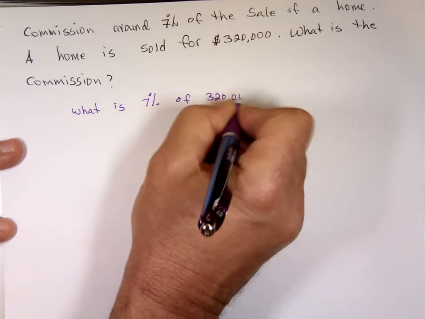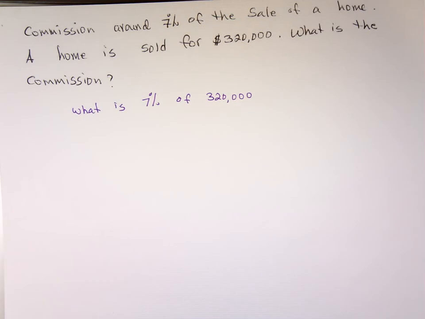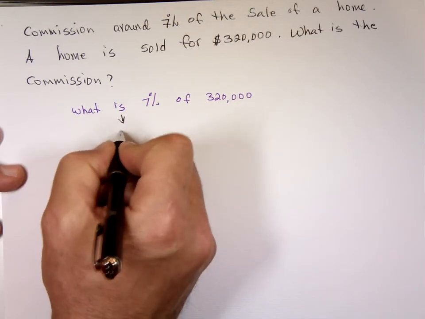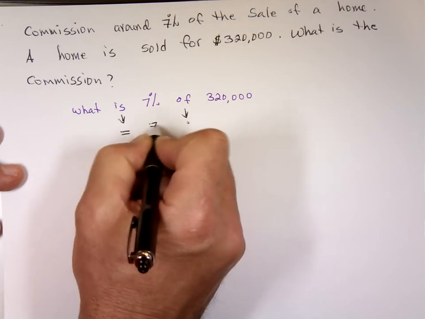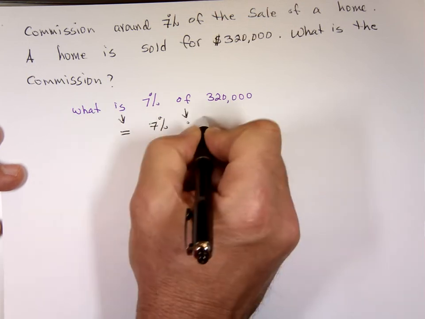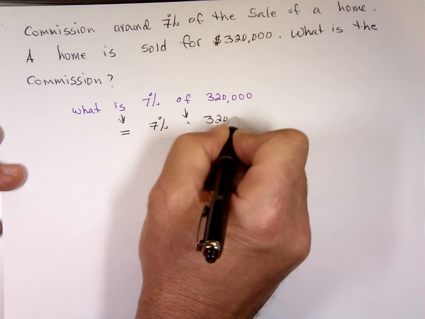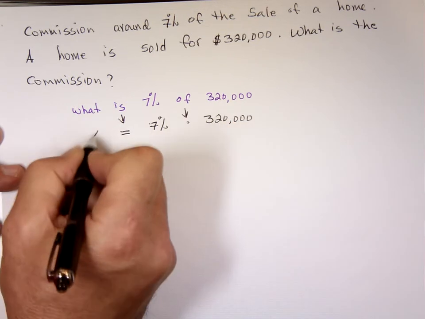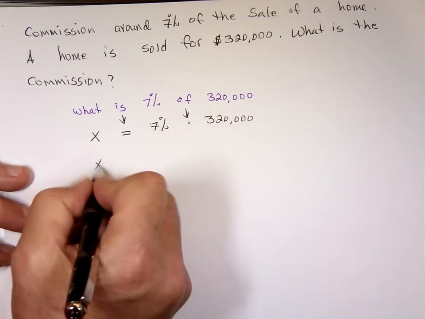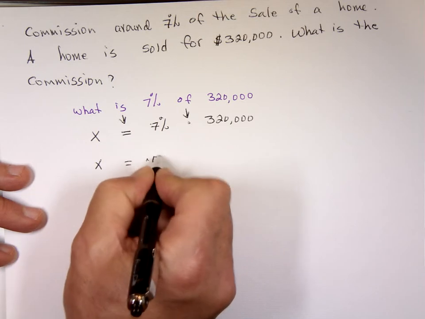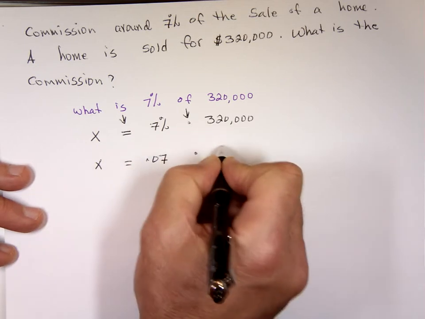So you're gonna multiply. The word "of" means multiply. That's 7% times 320,000. You can change that to 0.07 if you want to use a decimal value, times 320,000.